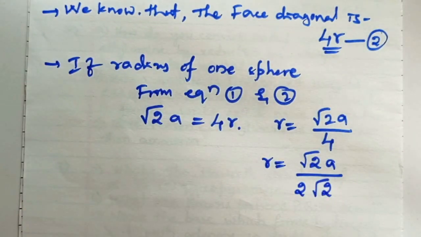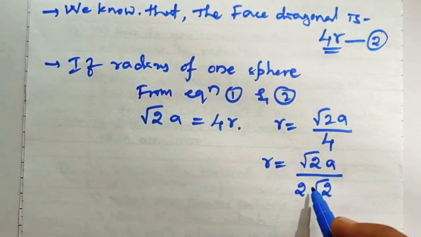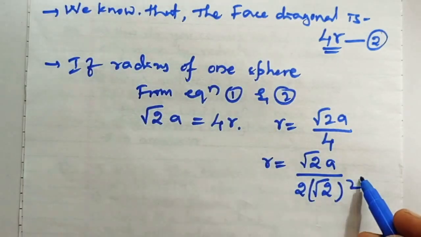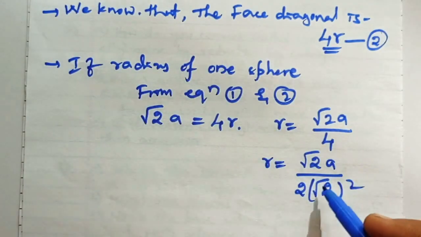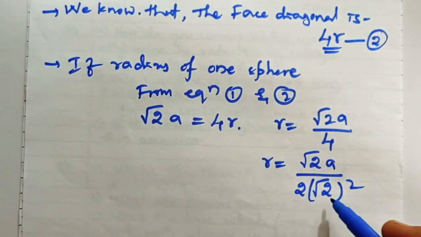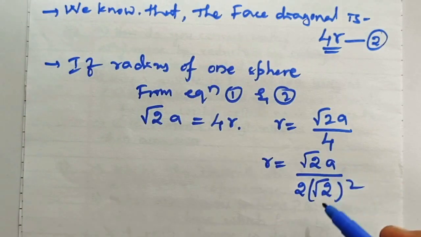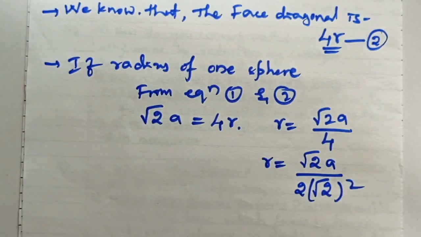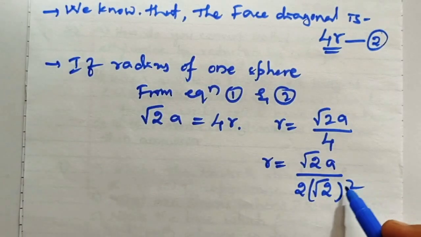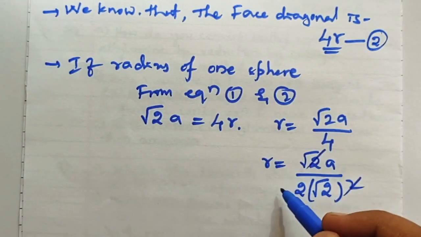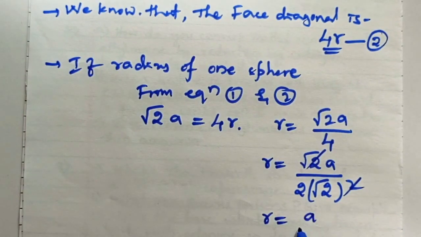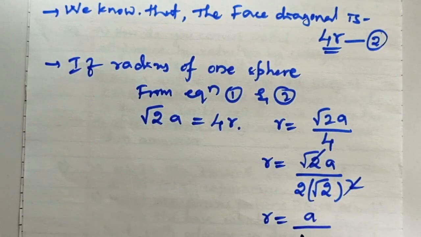Then R is equal to a divided by 2 root 2.